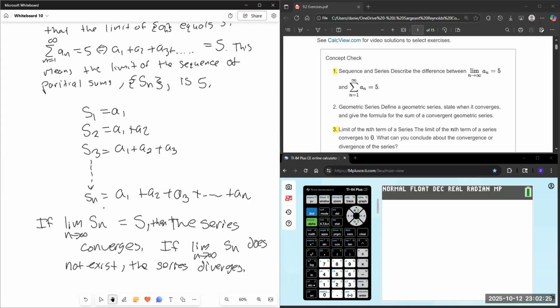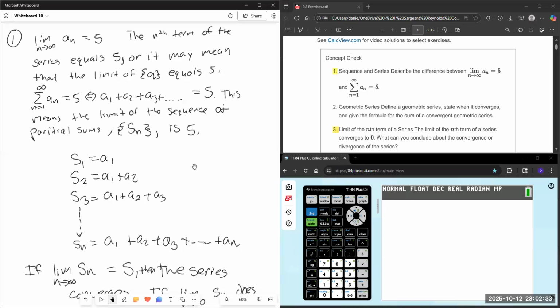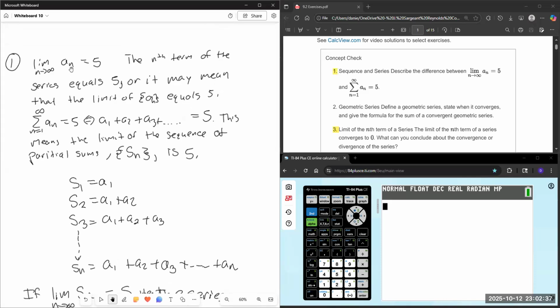So a series is going to be this thing that has a summation symbol. A sequence is just going to be an ordered list. You'll know the difference between them because a sequence is going to be a comma separated list.